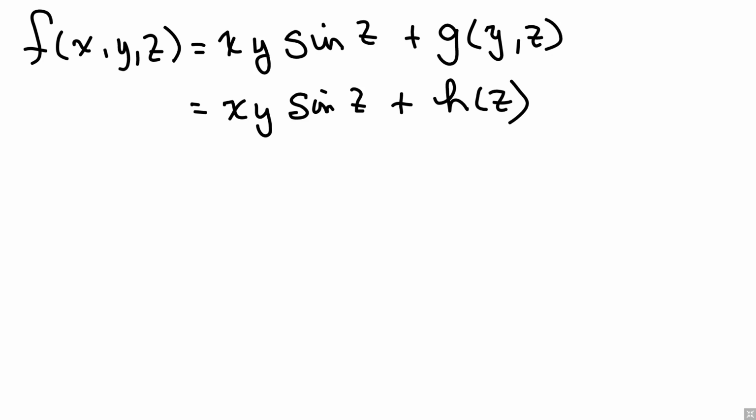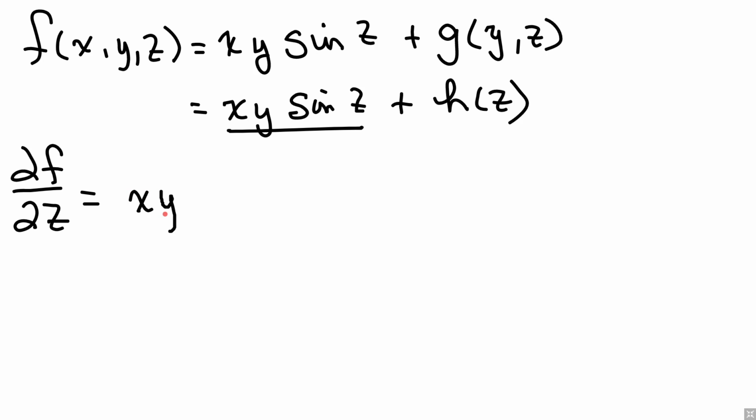So the last thing I need to do is the partial of f with respect to z. The partial of this with respect to z is going to be xy cosine of z, plus the partial of h with respect to z, which, since it's only one variable, is a derivative.